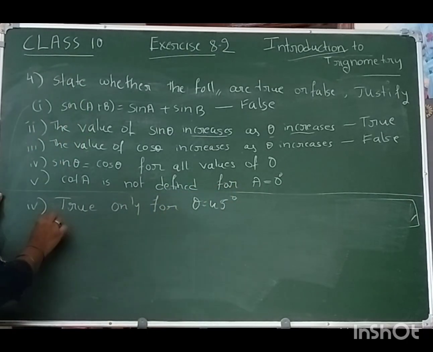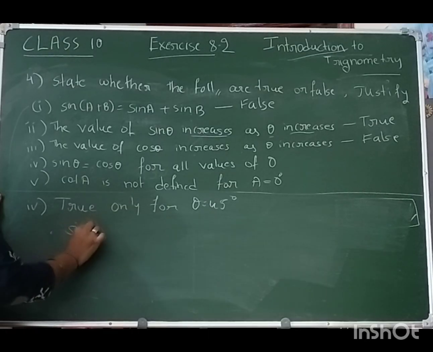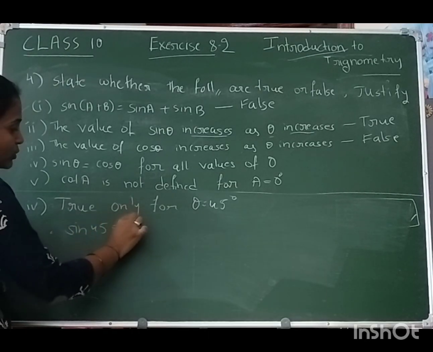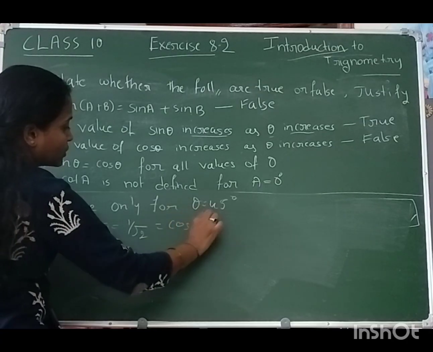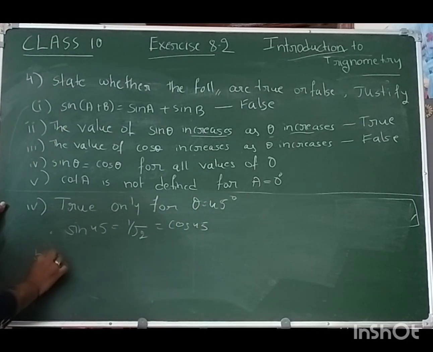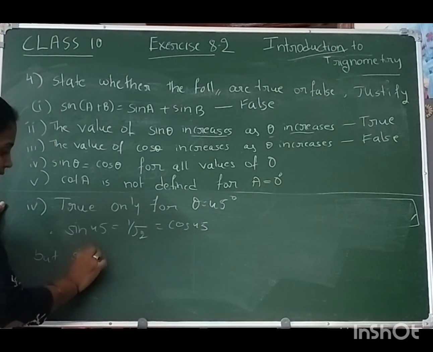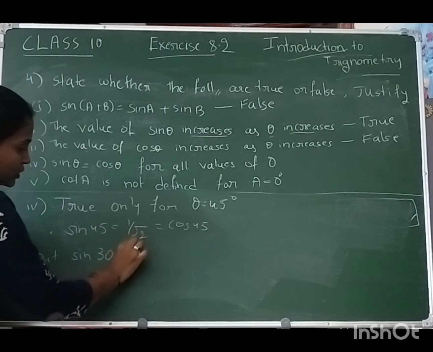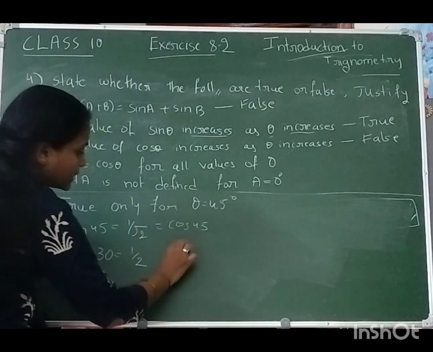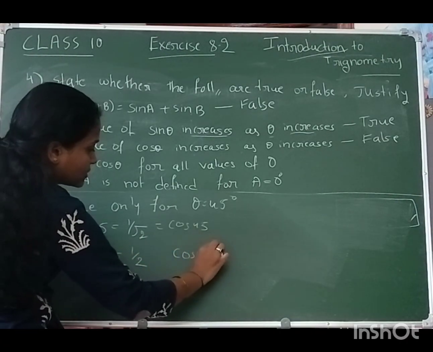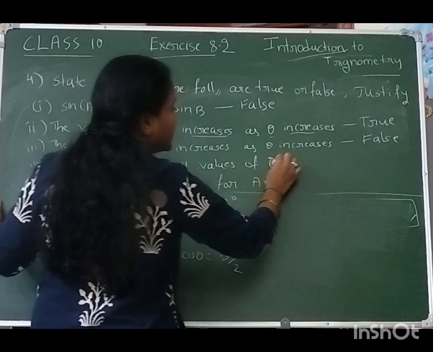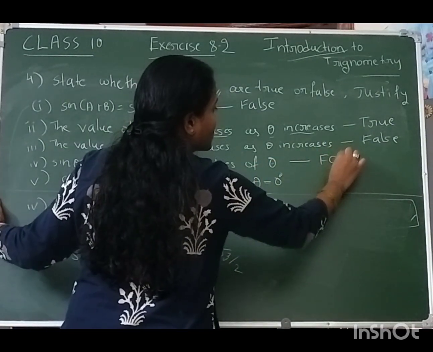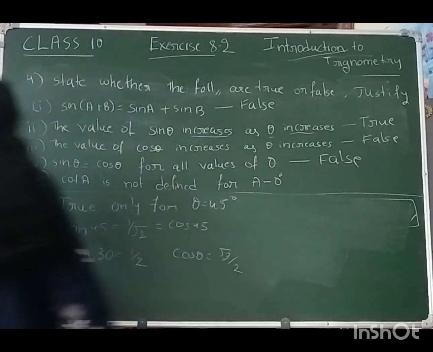That is, sin 45 is equal to 1 by root 2 and that is equal to cos 45. But for other angles, for example, sin 30 leads to the value of 1 by 2 whereas cos 30 will give the value of root 3 by 2. So it is not true for all the angles. So the given statement is false.